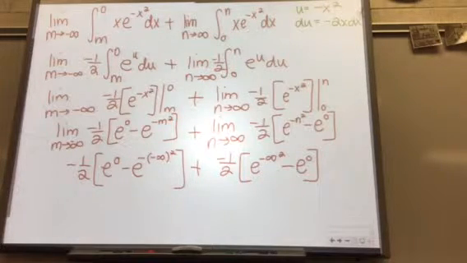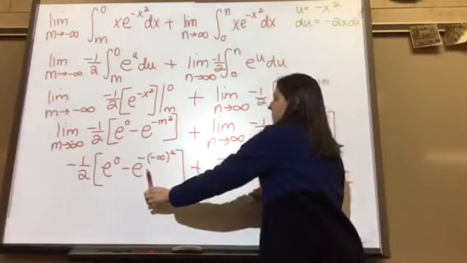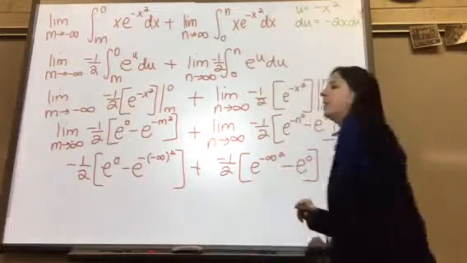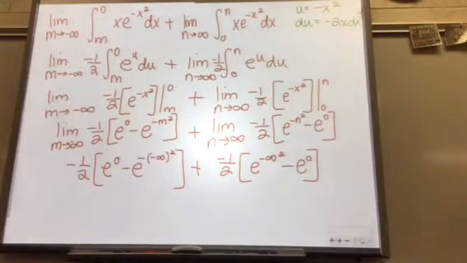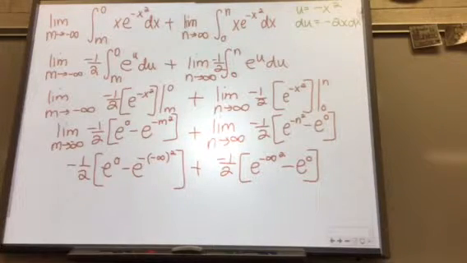All right, let me make sure we're clear about this. Are these two the exact same thing now? No. Right now, they're not, but they will end up becoming the same thing.